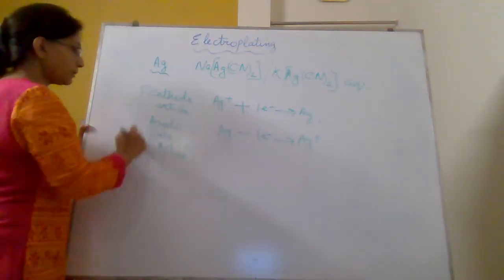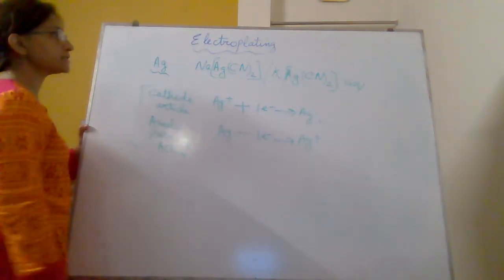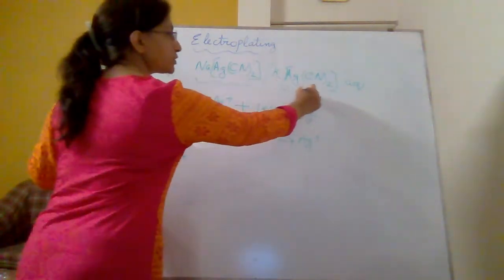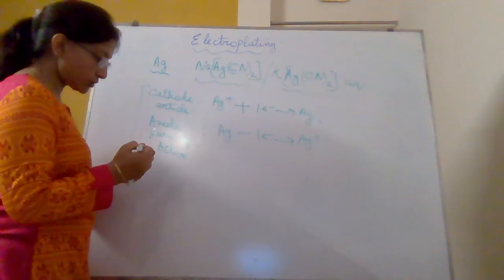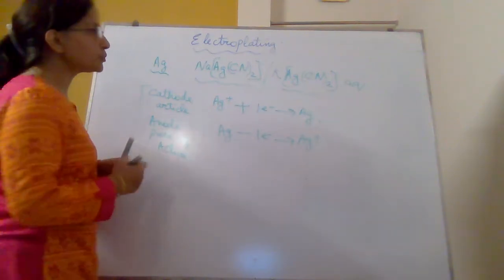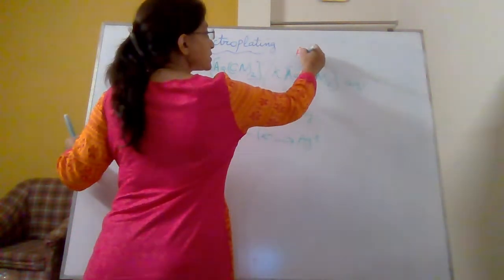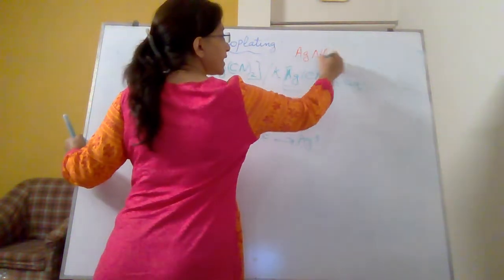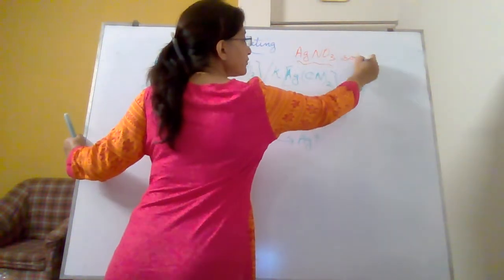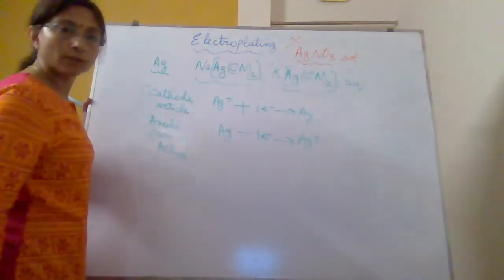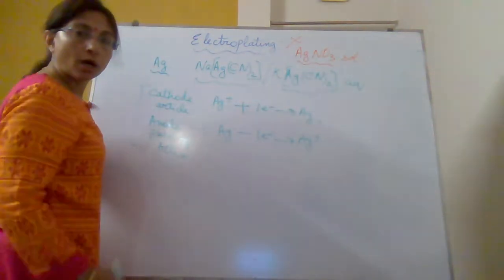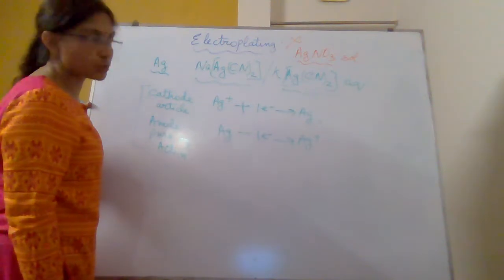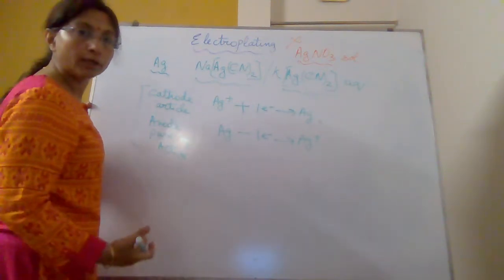Here one question arises: why are sodium argentocyanide and potassium argentocyanide, such complex salts, used, and not a simple salt like silver nitrate? It is so because silver nitrate dissociates very quickly.